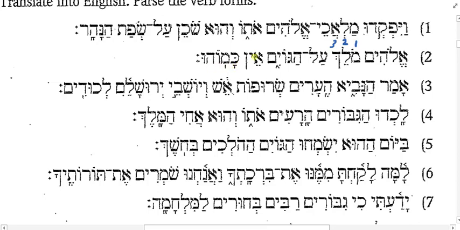Now, what does ein mean? Yes, there is not. And then kamohu is our form of the preposition kaf when we're adding some pronominal suffixes to it. So what does kamohu mean?